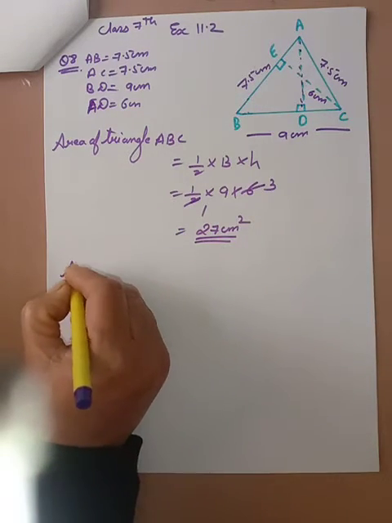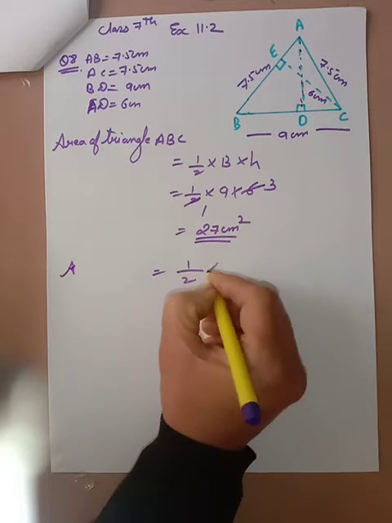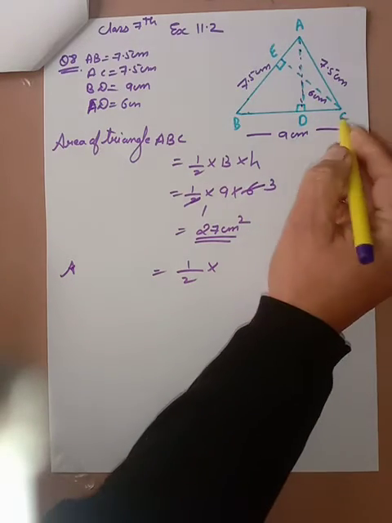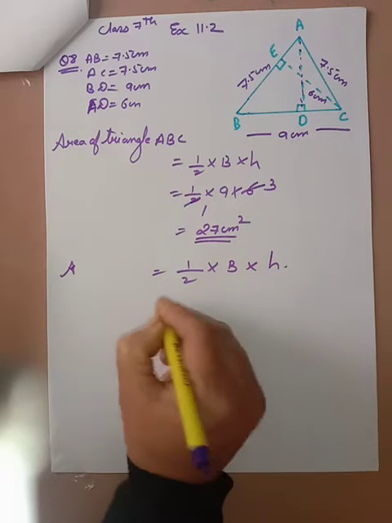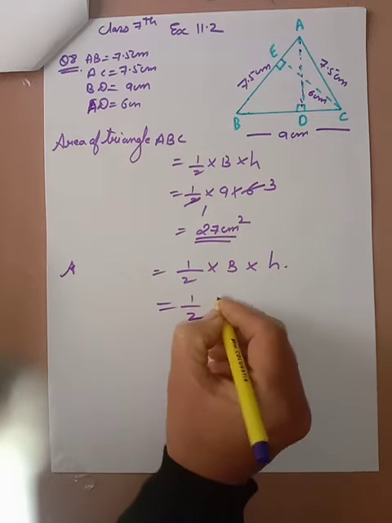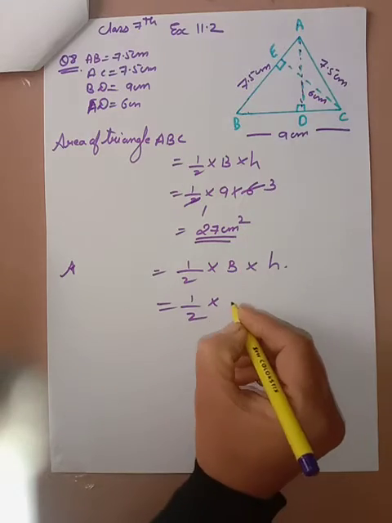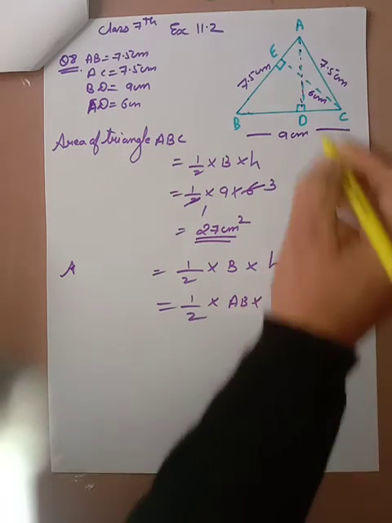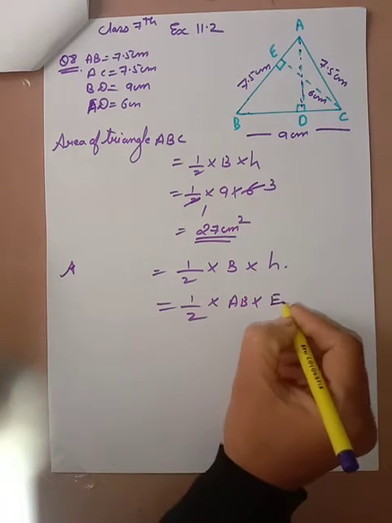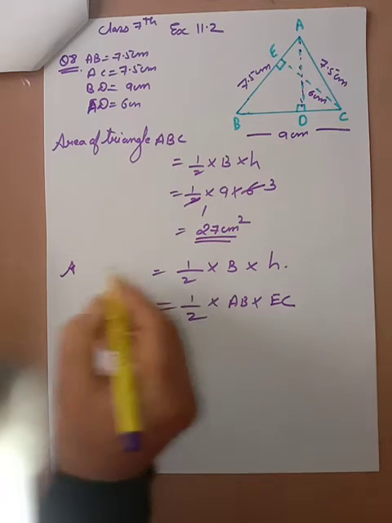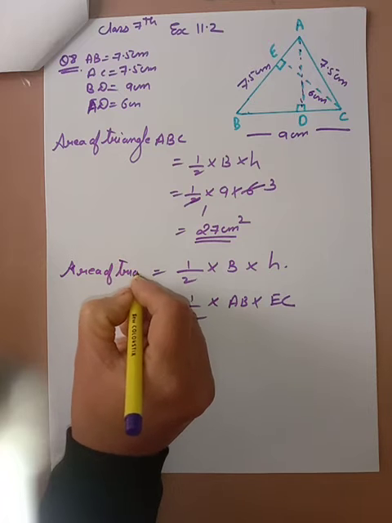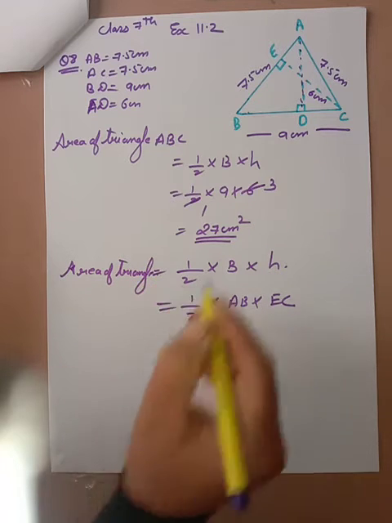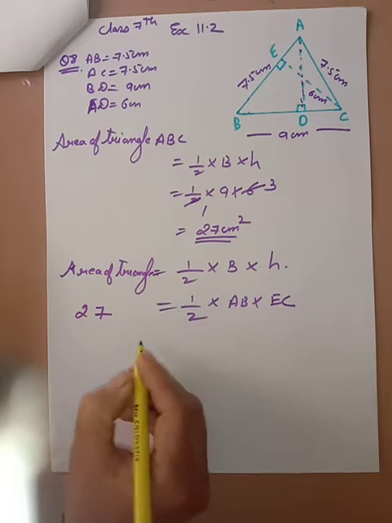The same will be, now I will take half into, this time base क्या हो जाएगा, AB, base into height again. This time base AB and height will be EC. We know the area of the triangle. Area of triangle कितना है, 27.